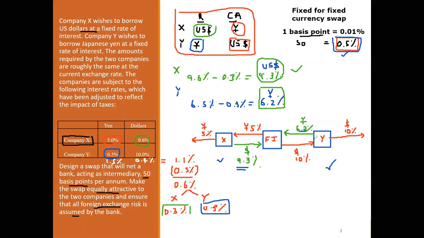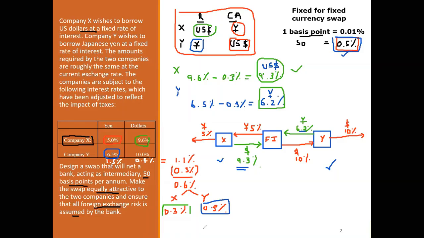So first, in a currency swap, what I would suggest is do the adjustments for each of the parties involved in the swap, for X here and for Y. And then the return for the financial intermediary will get automatically adjusted. So let's look at the return of the financial intermediary in this case.